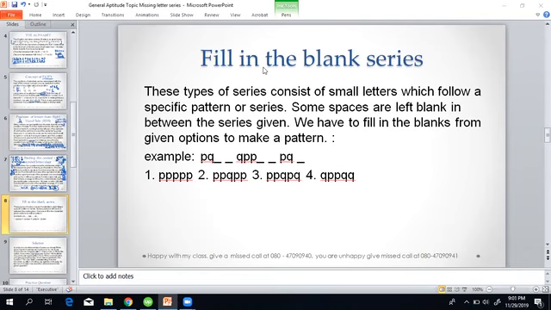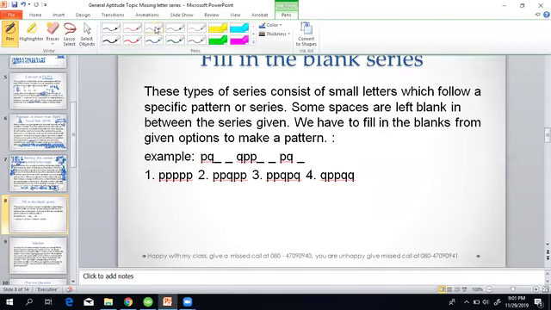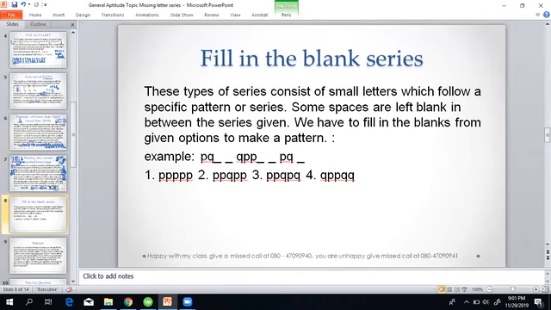Some spaces are left blank in between the series given, and we have to fill in the blanks from the given options to make a pattern. Like you can see, this is the example. There are two blanks here, then QPP, then two blanks, and then one blank at the end. We have to write letters in these blank positions and make a particular pattern. In this type of question, you have to use the options to find the correct answer.